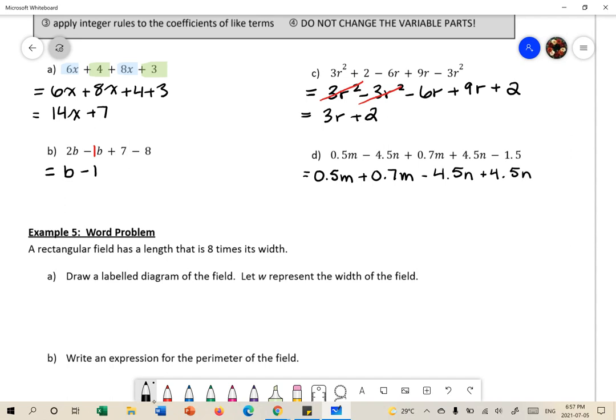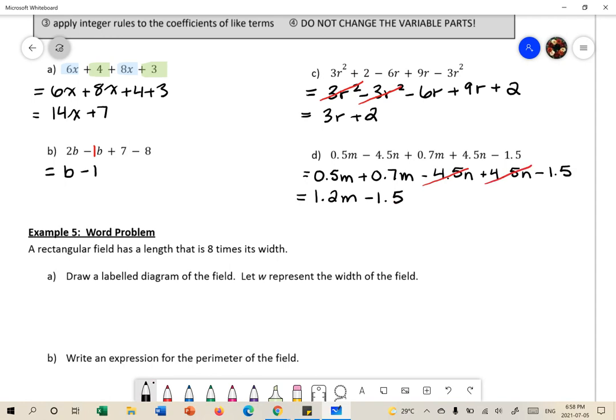And then my constant at the end. So my m terms will simplify to 1.2m. And then negative 4.5 plus 4.5 will cancel itself out. And then I'm just going to rewrite my constant at the end.